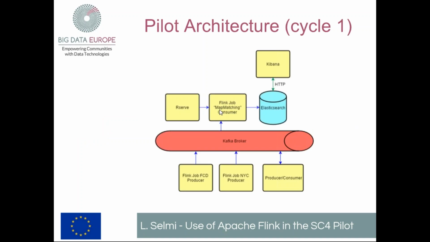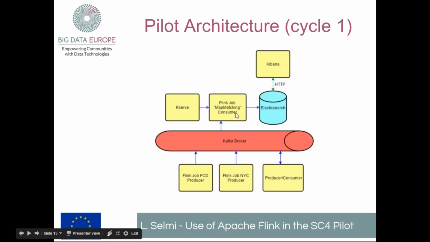So coming to the implementation, this is the same architecture but with the real components. So we have the message broker that is Kafka, then the producer, for example, the taxi data in near real time. Then we will also have taxi data from the historical data set.